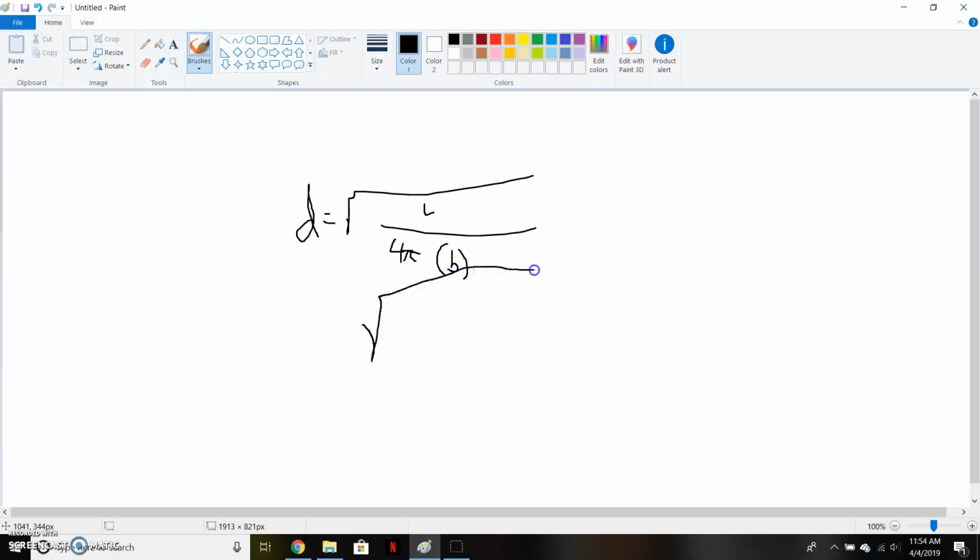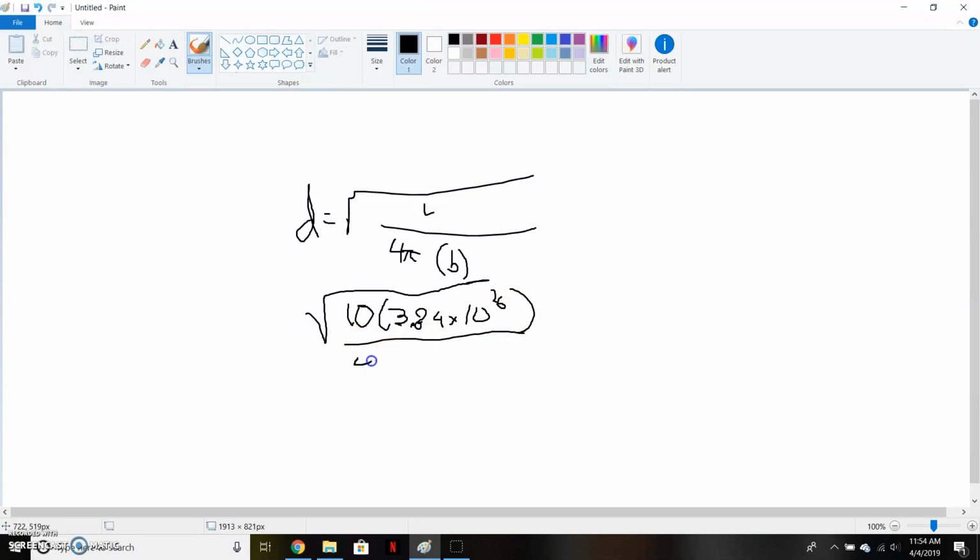So because luminosity is 10 times that of the sun, it would just be 10 times the 3.84 times 10 to the 26 over 4 pi, and they give us apparent brightness, which is 6.5 times 10 to the negative 10.